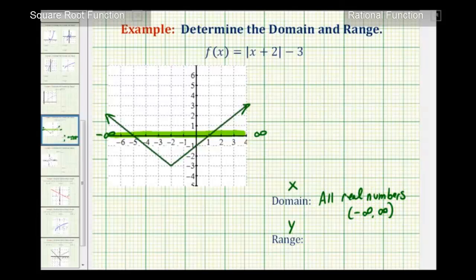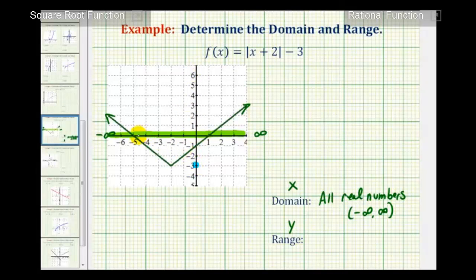Now, to determine the range, we would have to project the graph onto the y-axis or determine how the graph behaves vertically. Notice how the lowest point on the graph is this point here with a y value of -3. And then from here, of course, the graph is moving to the right and left very quickly, but notice how it's also moving upward.